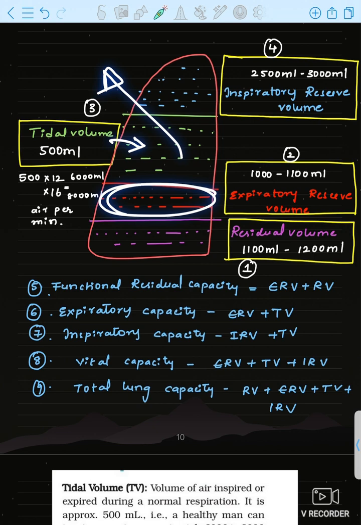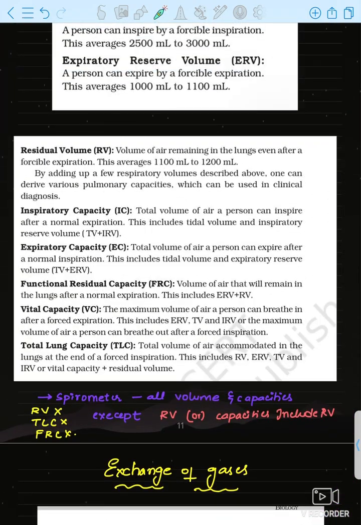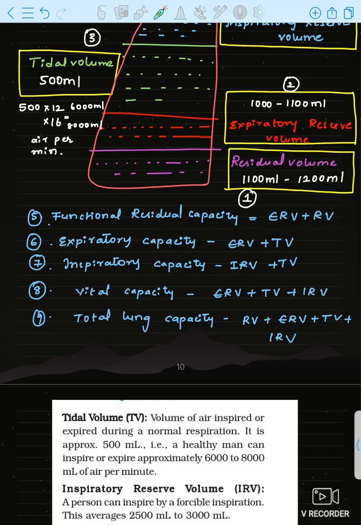Now this expiratory reserve volume will be there. If you do forceful expiration, then this will go away. So that's what they are saying. Functional residual capacity means volume of air that will remain in the lung after normal expiration. That is ERV and RV.